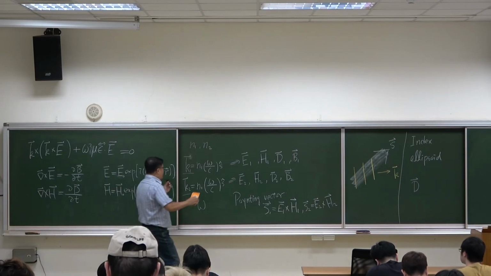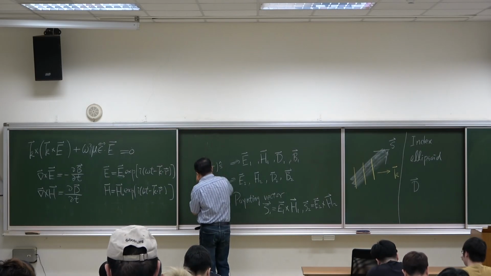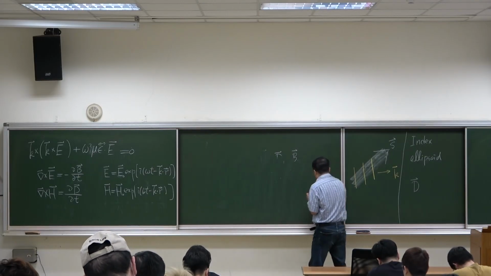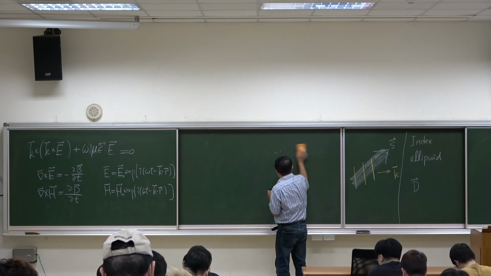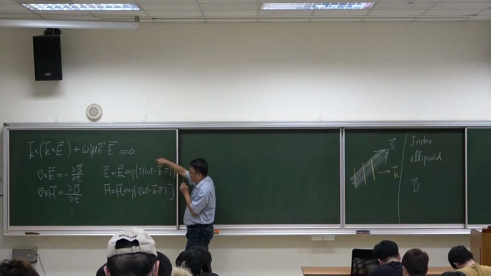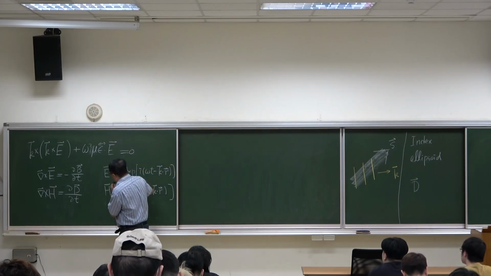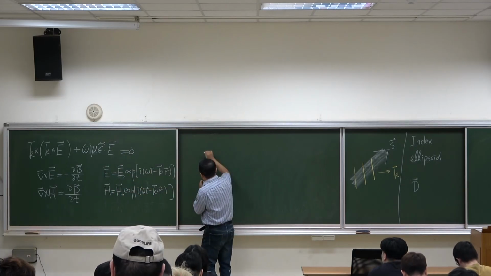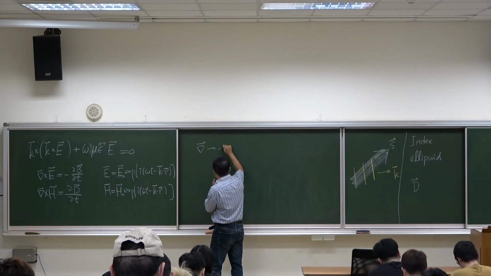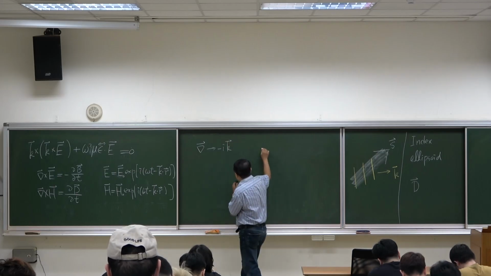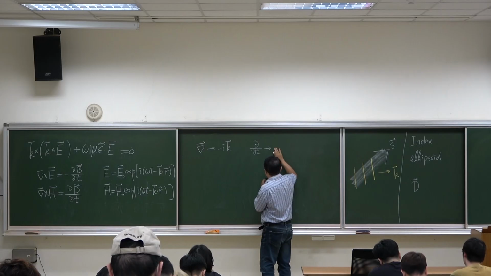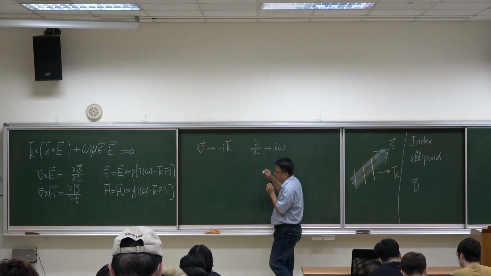Then, as I have told you, for a plane wave like this, del can be replaced by minus ik, and the time derivative can be replaced by i omega.